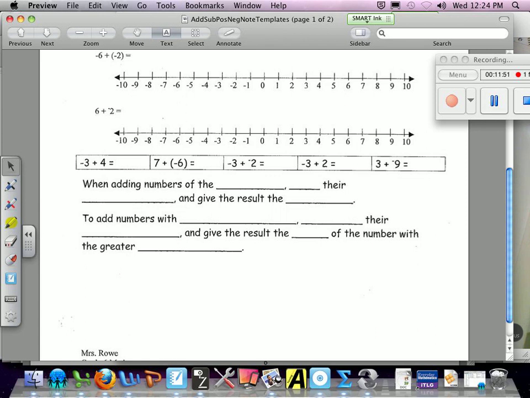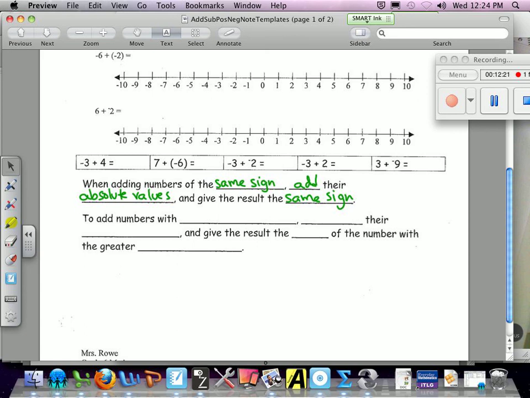The gist of it is, when adding numbers of the same sign, add their absolute values and give the result the same sign. I've got positives and more positives, I combine all the positives. Or I have negatives and more negatives, I combine all those negatives.